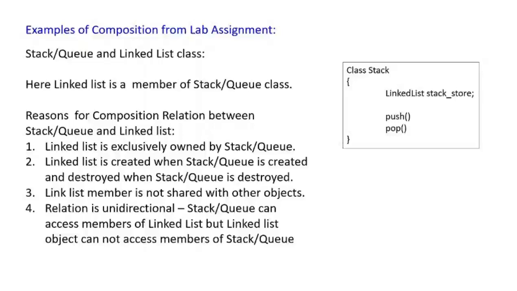It is not shared across different stacks or different queues. The linked list is created when a stack or queue is created and destroyed when the stack or queue is destroyed. Linked list members are not shared with other objects. The relation is unidirectional. A stack or queue can access members of the linked list, but the linked list object cannot access members of the stack and queue.